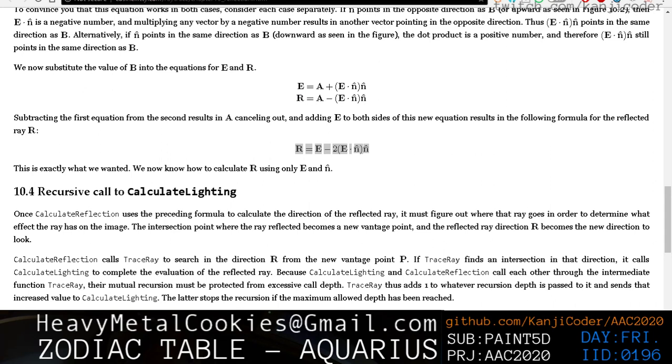Really what it is, it's input angle R equals output angle E, right?